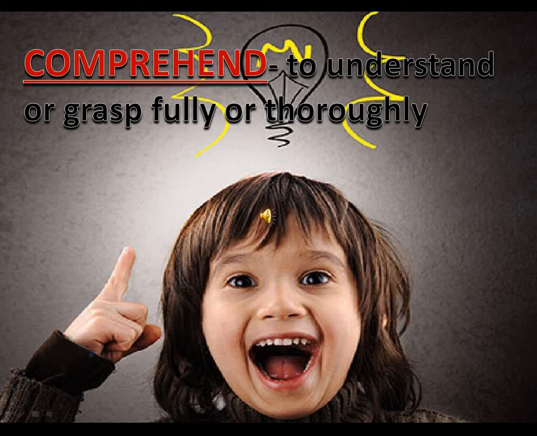So, the word comprehension basically comes from the word comprehend. Comprehend is a verb which means to understand or grasp fully or thoroughly. So if you are given a passage, you not just have to read it, but you also have to understand every single word in it, every single meaning that the sentences want to convey.